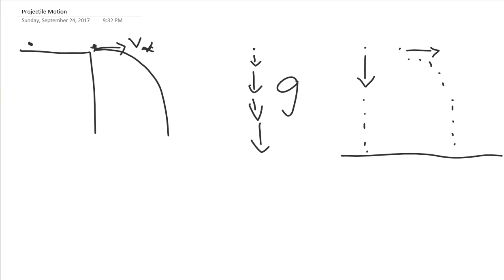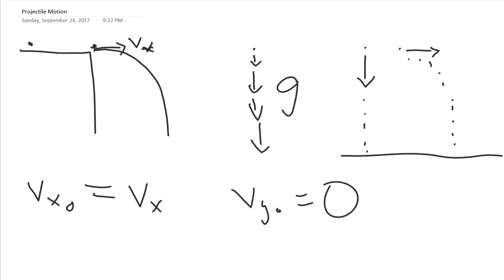So anywhere along our projected path, the initial horizontal velocity will equal the horizontal velocity at any given moment. If we have horizontal projectile motion, so you're throwing it at a perfectly 0 angle, or something's rolling off a flat table, your initial y velocity will equal 0.